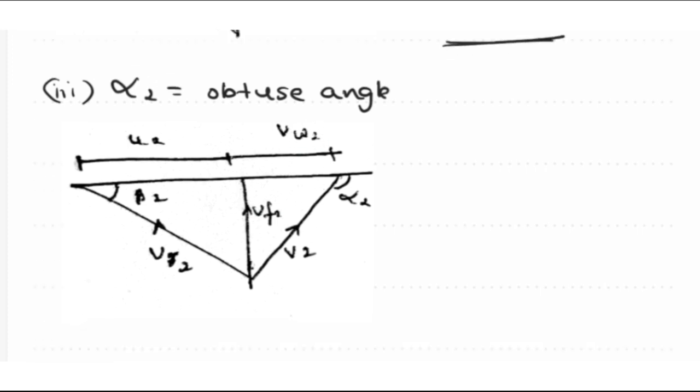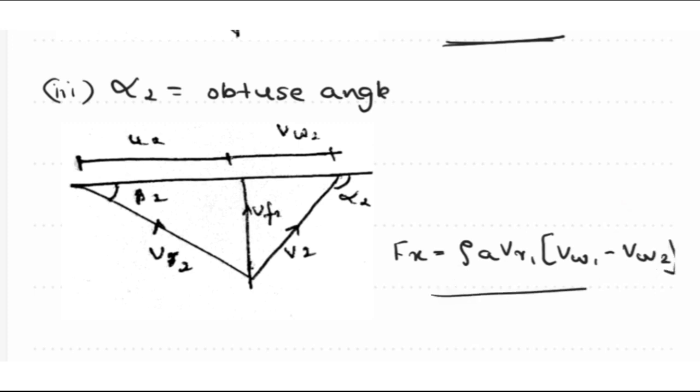So here what we will get, the equation is Fx is equal to rho into A into Vr1, and Vw1 is the same. And here, since Vw2 is shifted from this side to this side, so it will be minus Vw2. So this will be the equation for the case when it is obtuse angle.